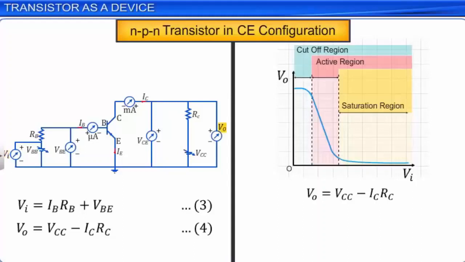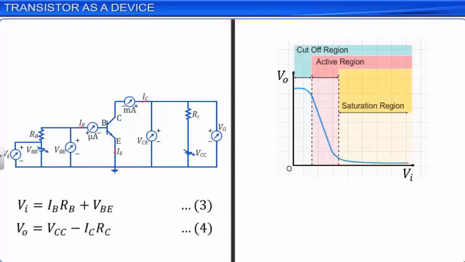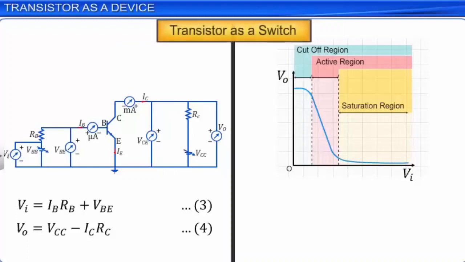Let us now discuss the transistor as a switch. When the input voltage VI is low, the transistor is in the cutoff region. In the cutoff region, the collector current IC is 0 and it is not conducting.